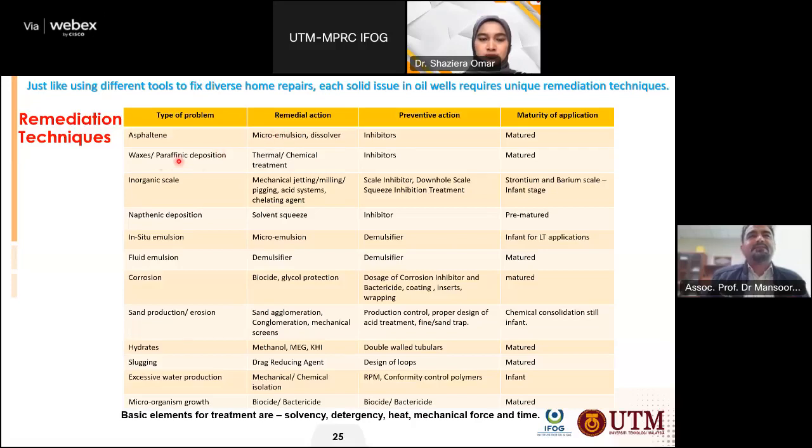For waxes and paraffin deposition, there are thermal and chemical treatments. And of course, for prevention, we have inhibitors. And the others, as you can see in these tables, show the prevention and remedial action and the state of each of these technologies in the market.